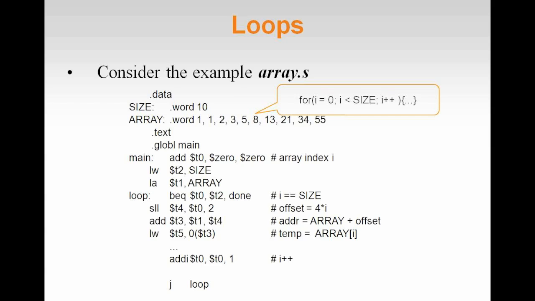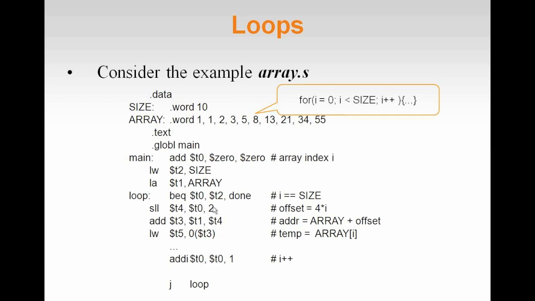Remember from the previous slide that we added an offset to the base address of the array to get the right element. Also remember that it is an array of words, so the offset will always be a multiple of 4. We calculate this offset with this instruction, by multiplying the index stored in T0 by 4.